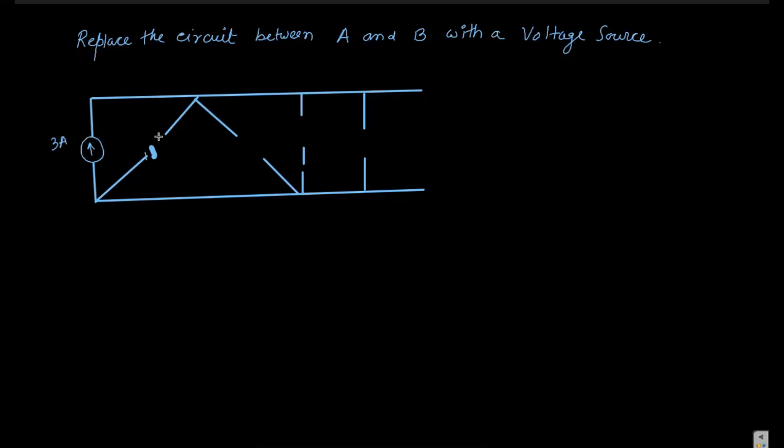This is a 30 ohm resistance. This is a 50 ohm resistance. This is a 5 ohm resistance, and this is a voltage source of 20 volt. This is the higher potential, this is the lower potential, and this is a resistance of 6 ohm.